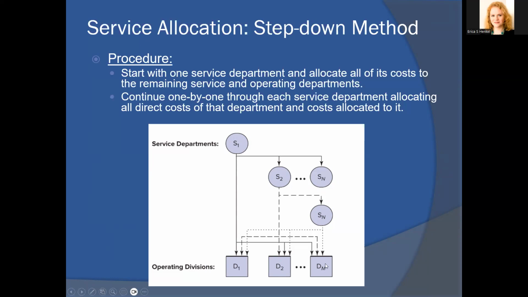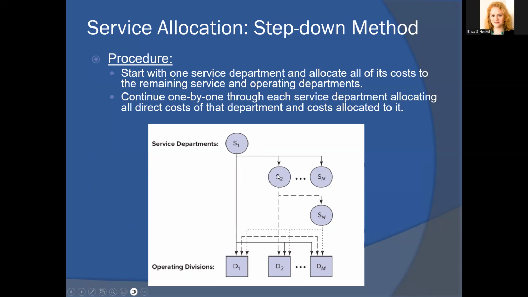some of it out to the operating divisions, but then also allocates some to the remaining service divisions. And then those service divisions, once they've been allocated for the first department, their total costs are whatever it costs to run this HR department plus whatever costs from finance got charged to HR.